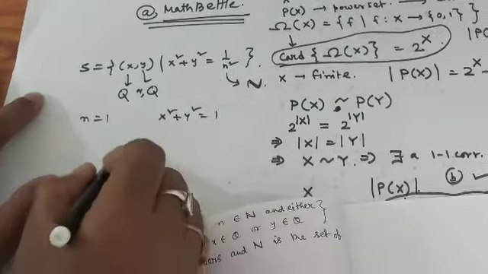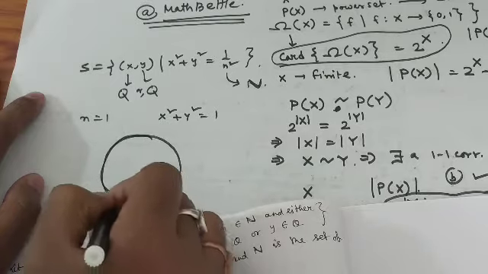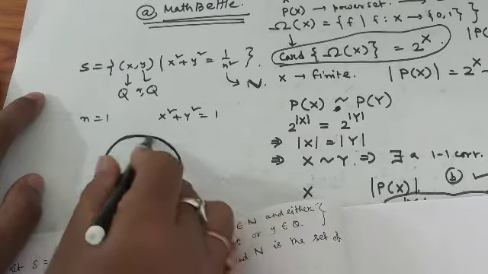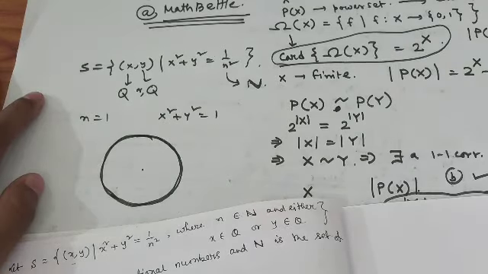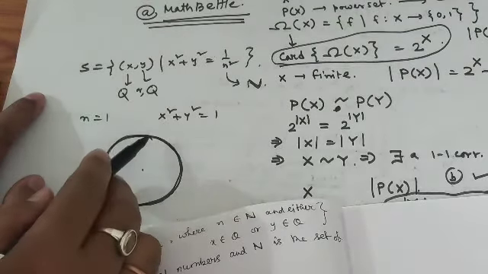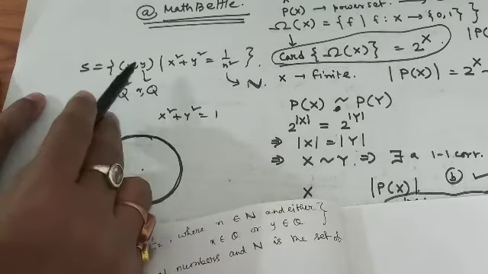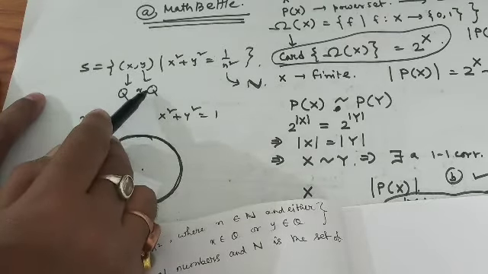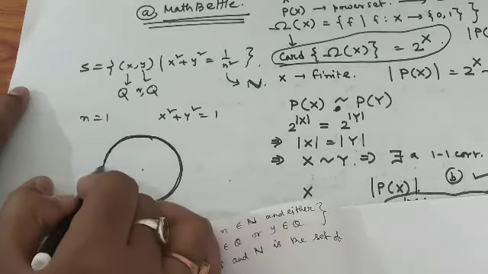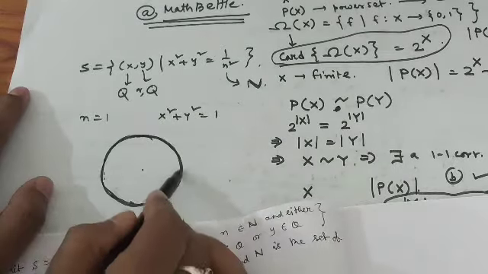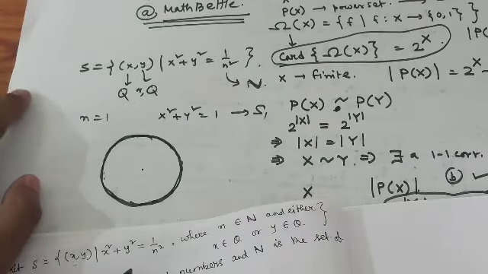That is basically the points on this circle having radius 1 and center at (0, 0). X may be rational, y may be rational. Whatever may be the scenario, you will get the points on this circle. This is your S1.